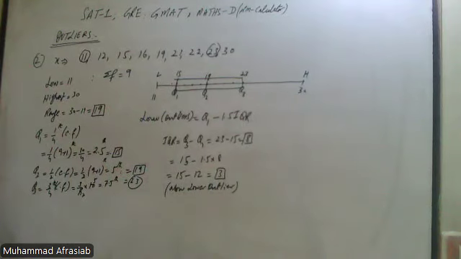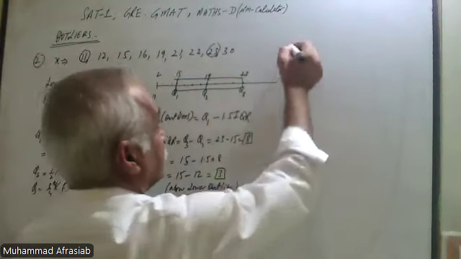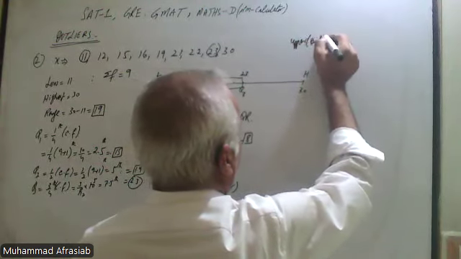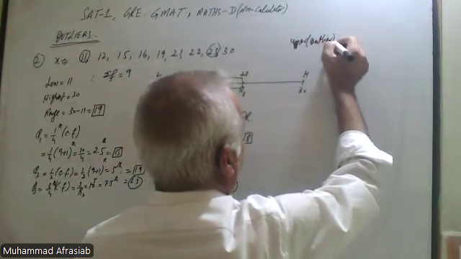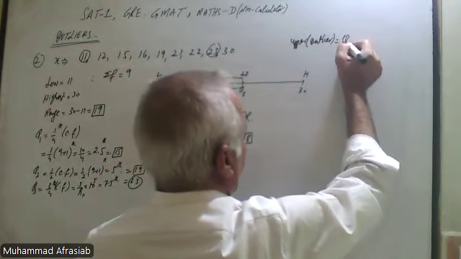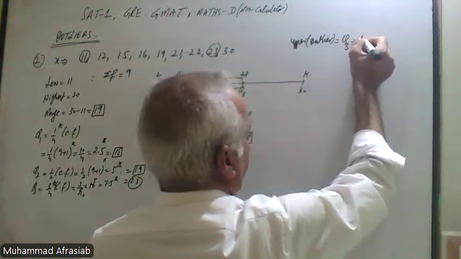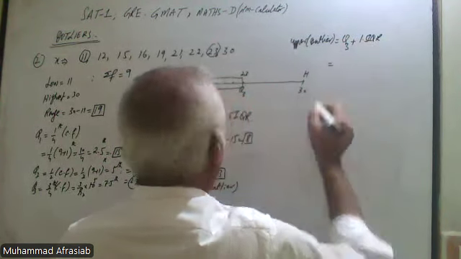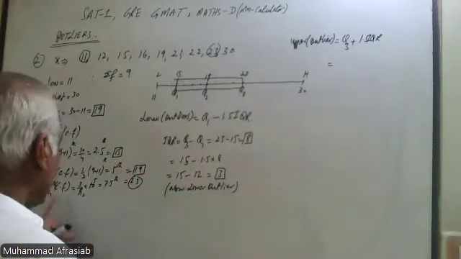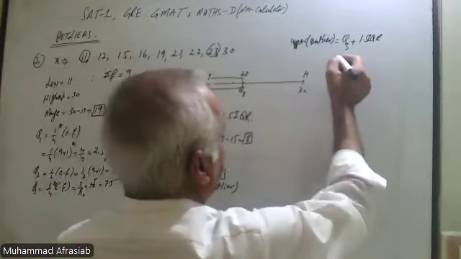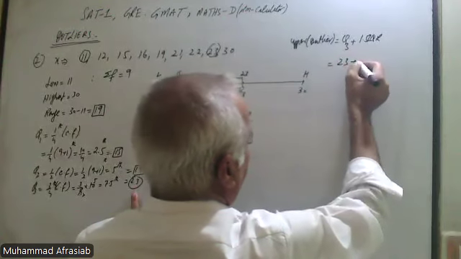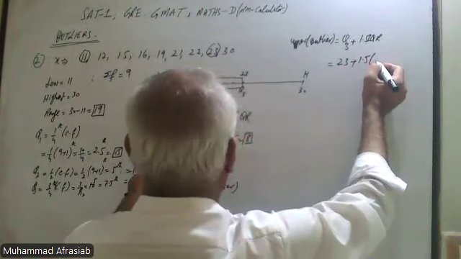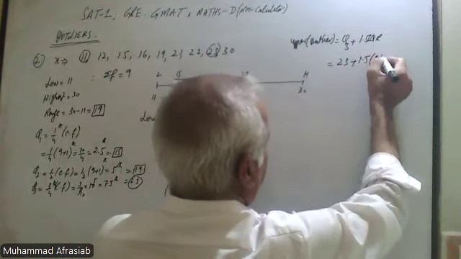Now you can find out the upper outlier, which is equal to Q3 plus 1.5 of IQR. We know that the upper quartile is equal to 23, plus 1.5 of this interquartile range, which is equal to 8.